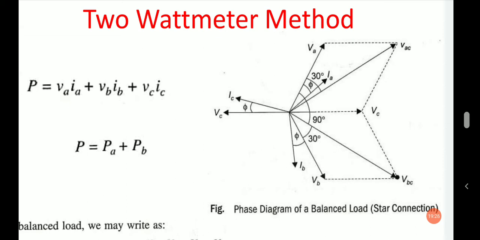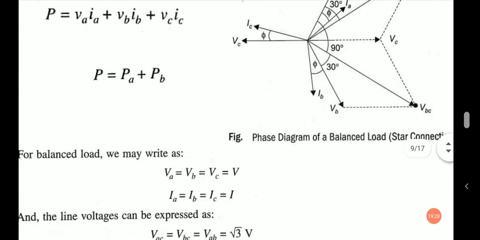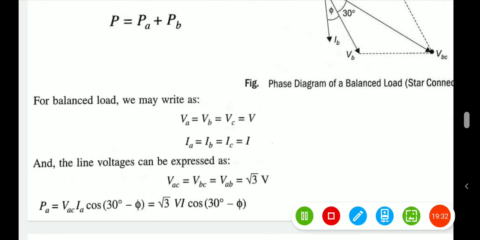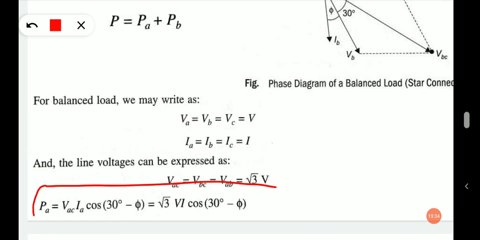Now voltage VBC through wattmeter WB leads the current IB by an angle of 30 plus phi.